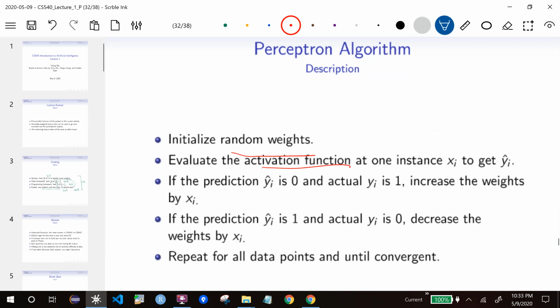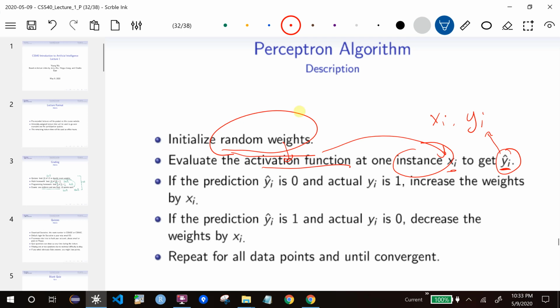Basically, we use the random weights to predict one instance, so one sample data point, x, and we will get our prediction y hat. Note that it's an instance, so it's already labeled, so it's already in our sample. So we have xi, and we also have yi already. But these random weights, when activated, can generate a prediction, and that prediction may not be the correct label. So we are dividing into two cases now.